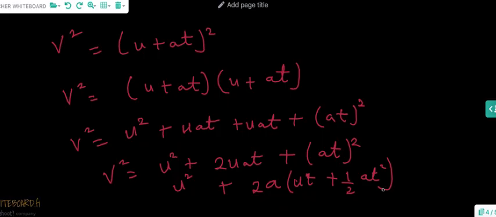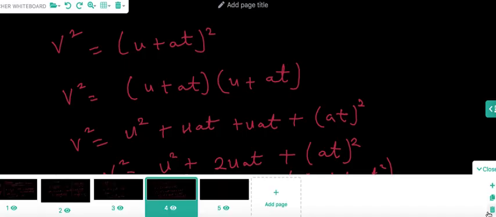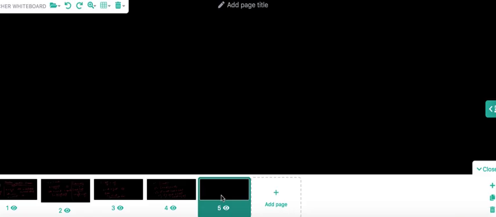From here, this thing looks like equation 2. Let's go to the next slide and finish it. We know from equation 2 that s equals ut plus half at square.